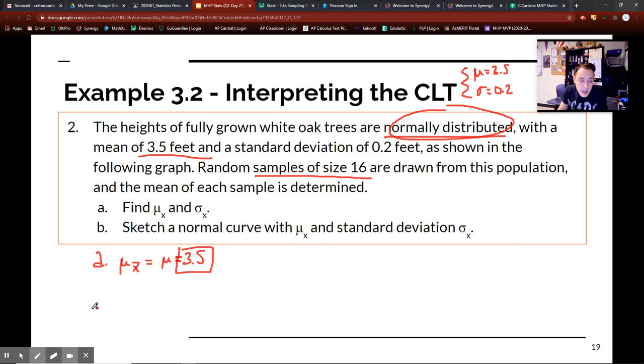Now I also want to find my sample standard deviation. That's going to be 0.2 all over radical 16, because that's my n. Sorry, I don't know what I'm thinking. When I complete this, this is going to be 0.05.